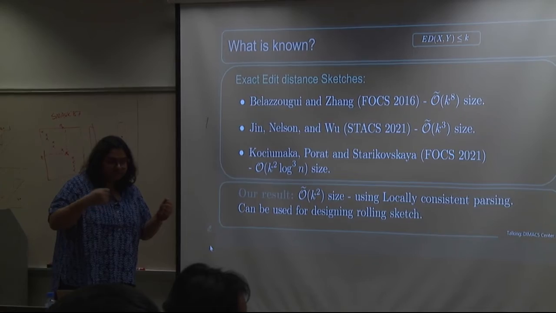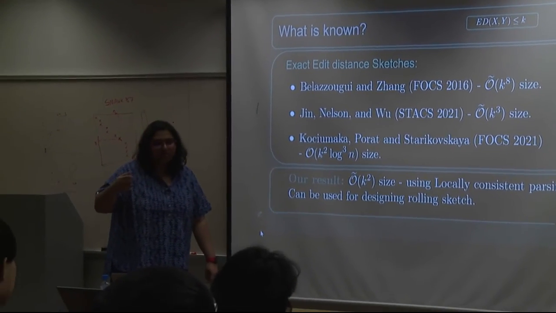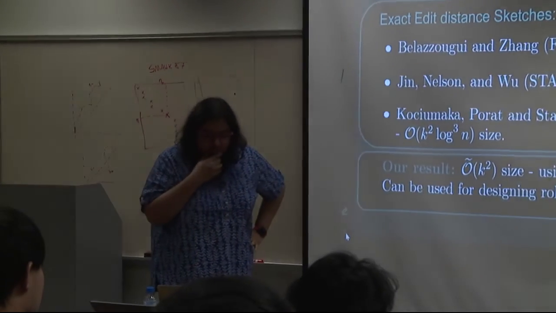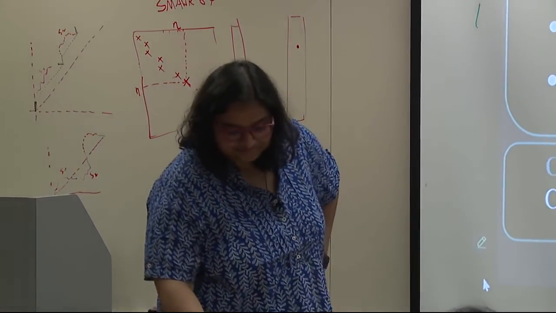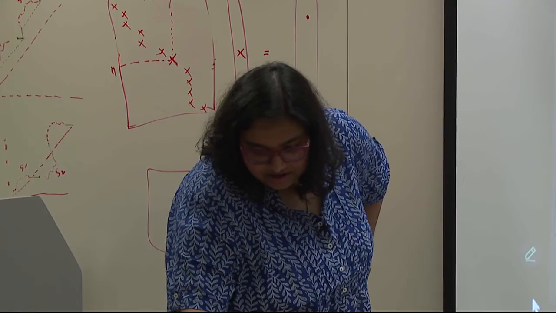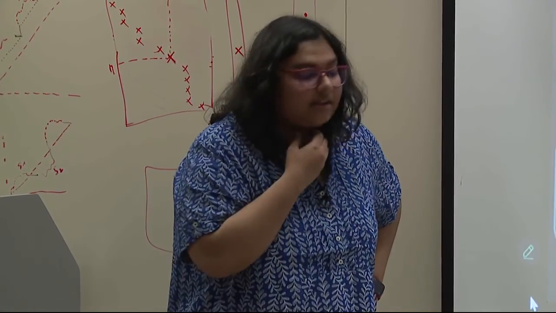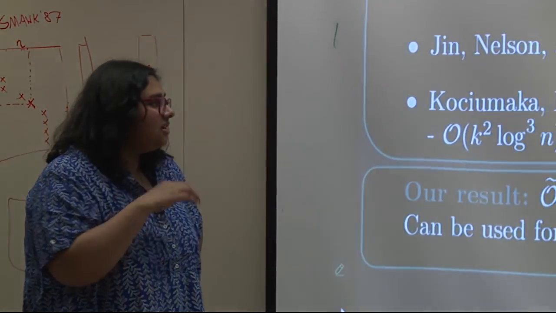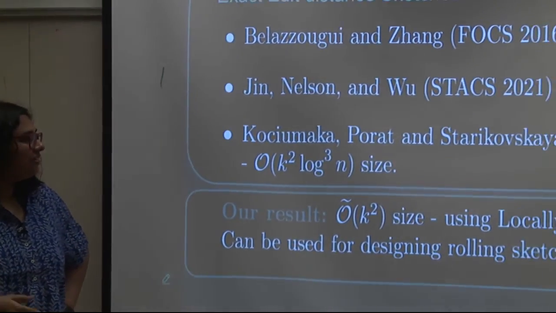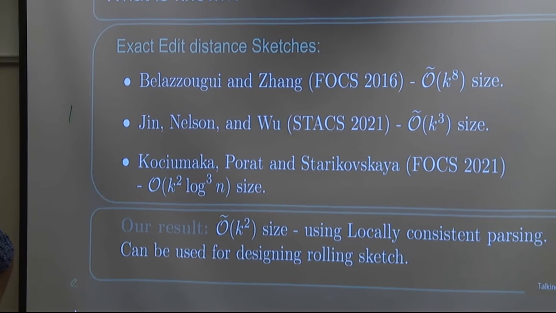You construct the sketch on the go as the symbols appear. This is the main advantage, and also this is a new technique. The previous results had a bottleneck in not having rolling sketches.